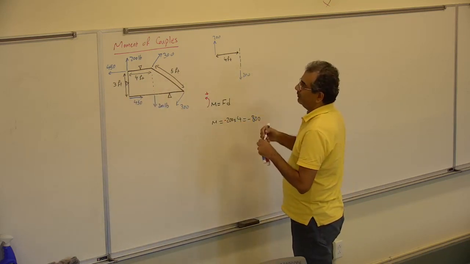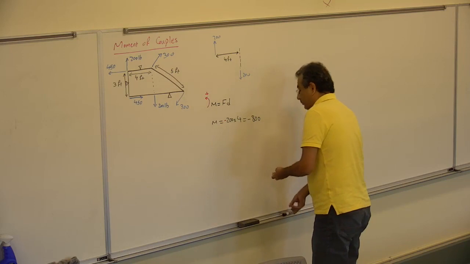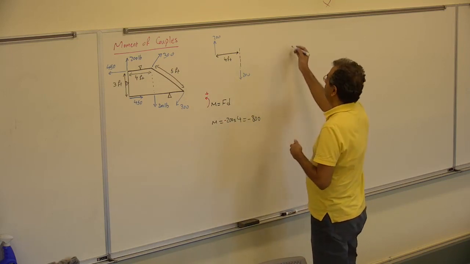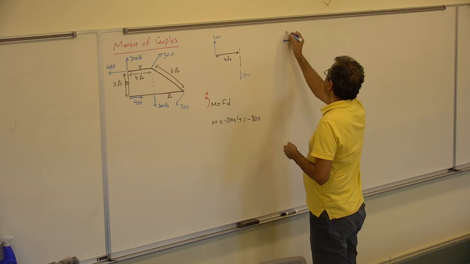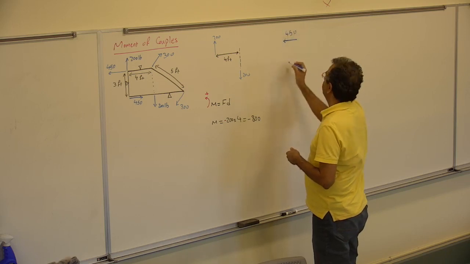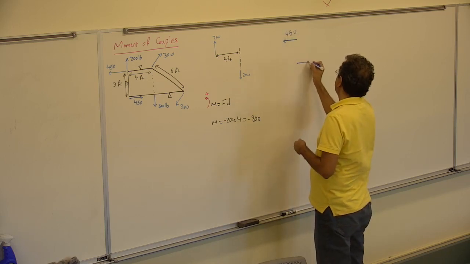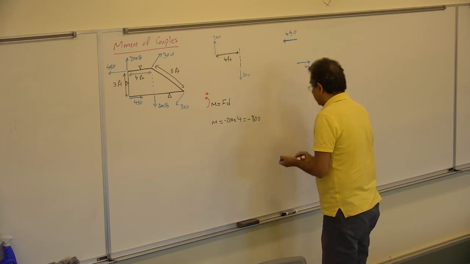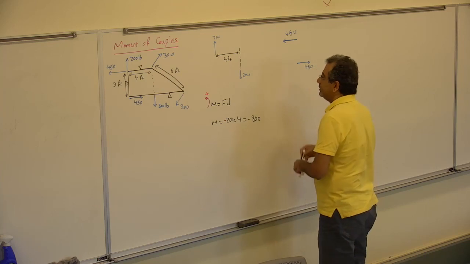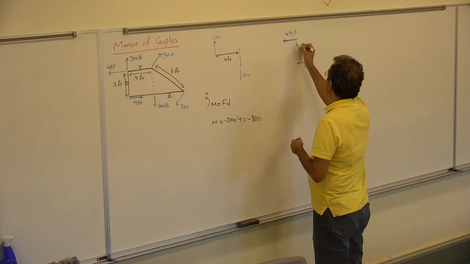So I have two more forces and it's 450. 450 this way. Then I have 450 this way. And the distance between them is 3.